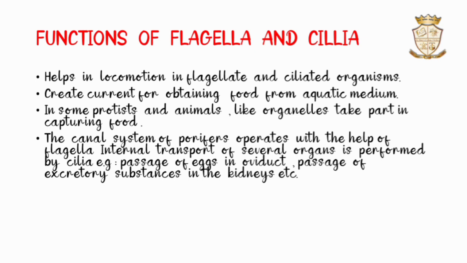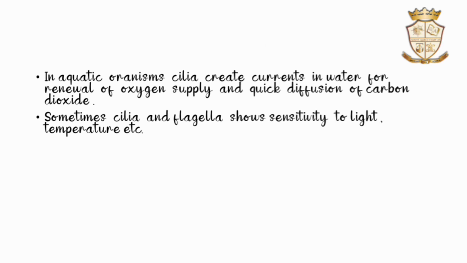Internal transport in several organs is performed by cilia, for example, passage of eggs in the oviduct and passage of excretory substances in the kidney. In aquatic organisms, cilia create currents in water for the renewal of oxygen supply and quick diffusion of carbon dioxide. Sometimes cilia and flagella show sensitivity to light, temperature, etc.